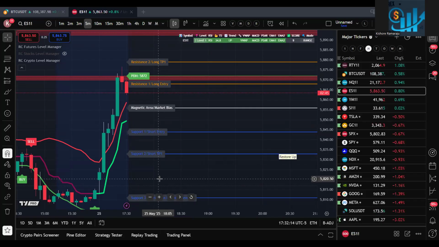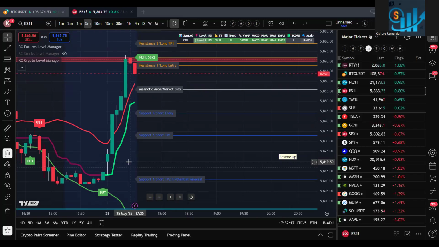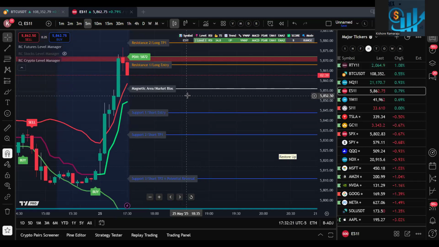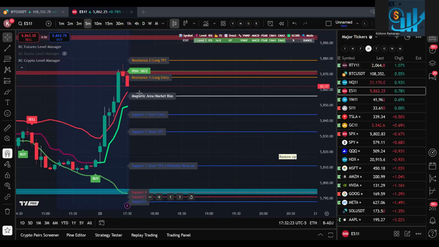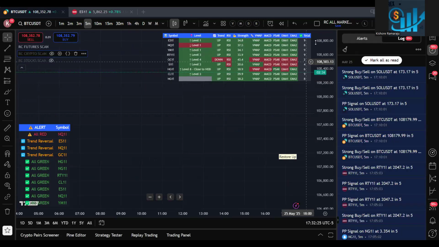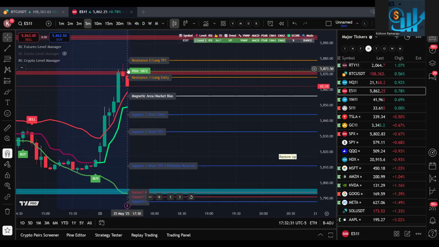If the score is 1 or 2, only wait for the sell signals. That's it. If you just follow this rule by looking at the scores, you will be fine. You will not take a wrong trade against the trend.